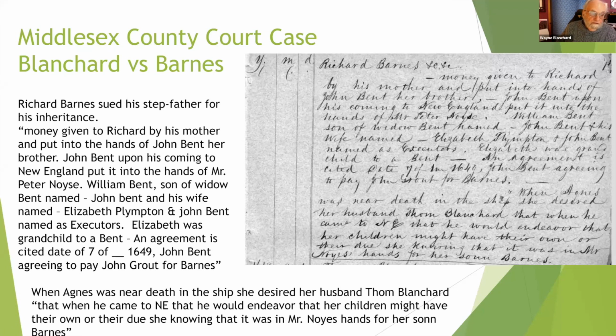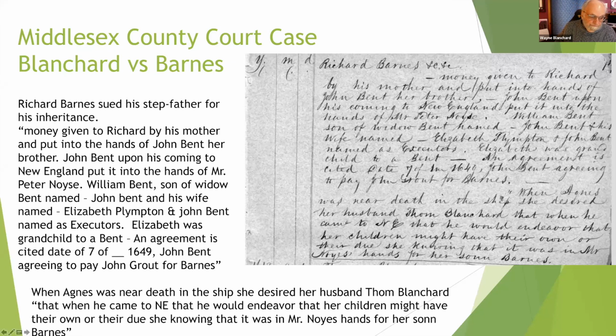Just reading through the court record here, it gave you a picture that they came over as a family group, and this John Bent actually had already come to Massachusetts prior, before the others came.